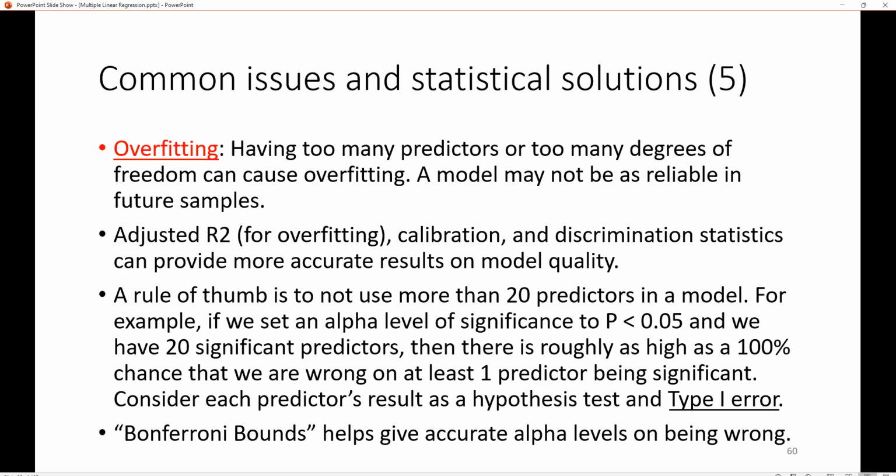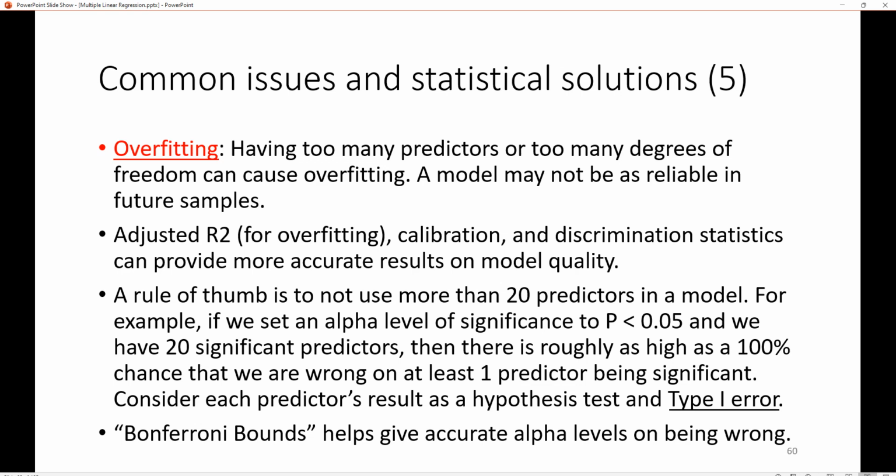And so that's 20 times 0.05. That gives us that 100% chance that we could be wrong on at least one predictor being significant. So we need to consider each predictor's result as a hypothesis test and a type 1 error. And we have things called Bonferroni bounds, and those help give us accurate alpha levels on being wrong.